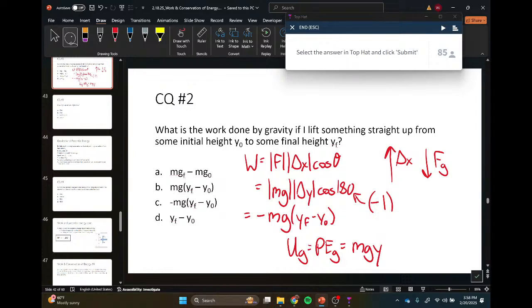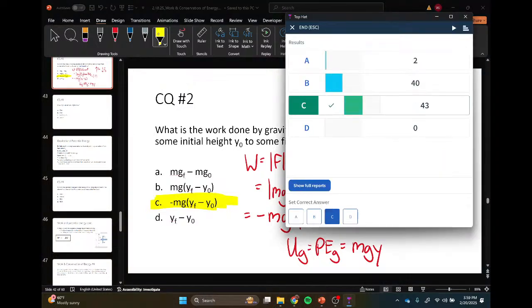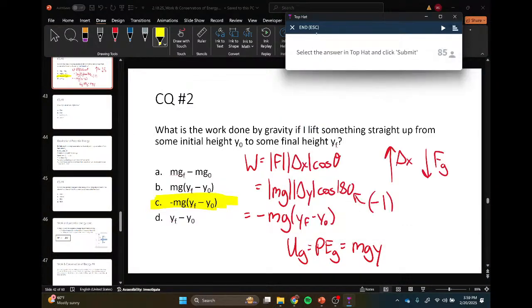It's mgy, and we're going to find that the change in potential energy is the negative work done. You can see it here, there's a negative. So this is just deriving potential energy. It's mgy. That's what we're going to use moving forward. The negative comes down to the direction. If you're going upwards, gravity is causing it to lose energy. It's all about whether you're gaining or losing.